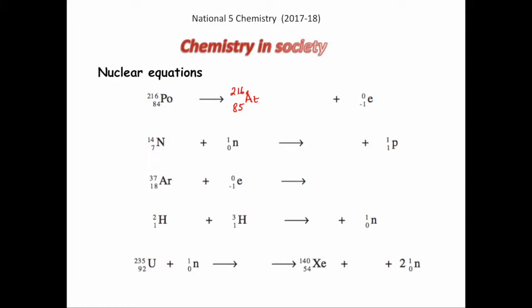So next equation is nitrogen. It gets one neutron, and this would change into carbon. So this will have argon, releases one beta particle, changes into chlorine.